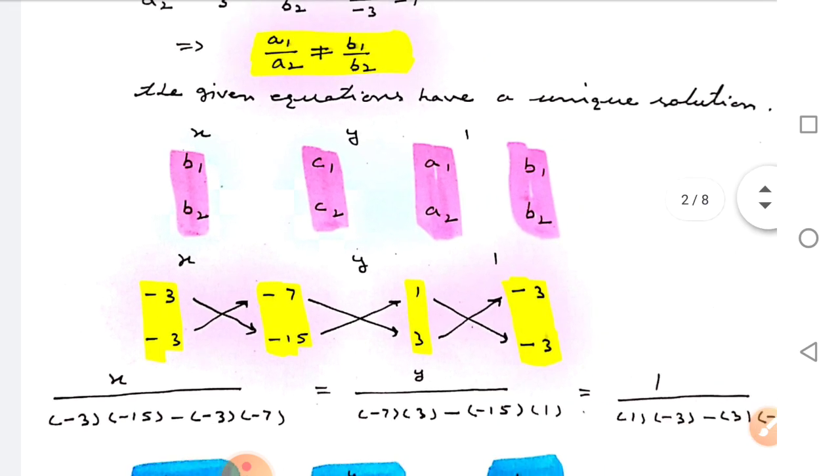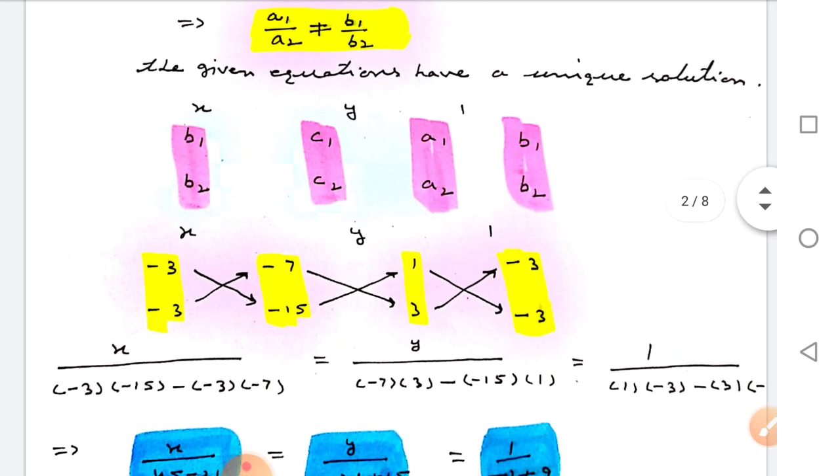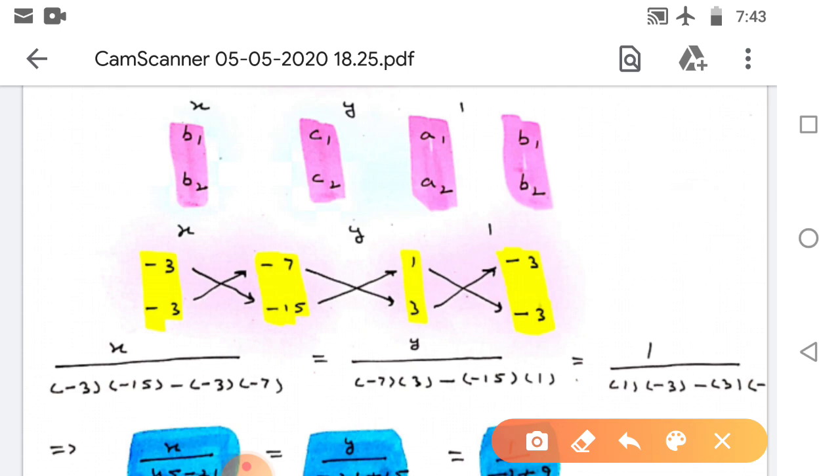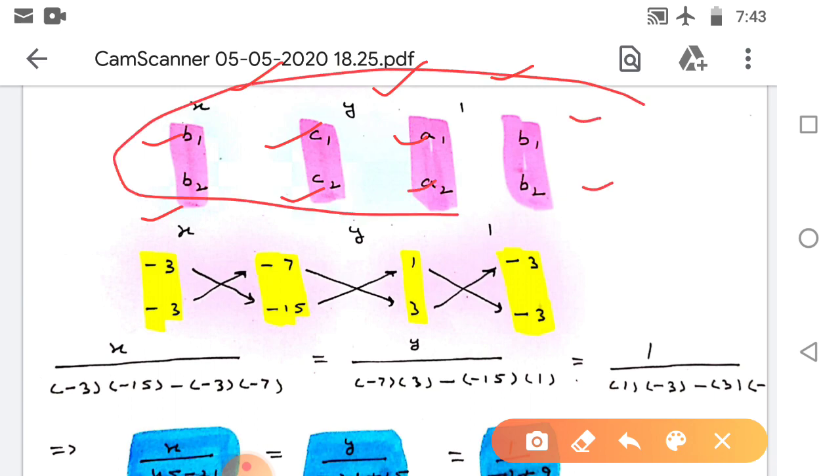And now look at this. So again, we write x, y, 1. This is b1, b2, c1, c2, a1, a2, b1, b2. This you have to remember actually, right?